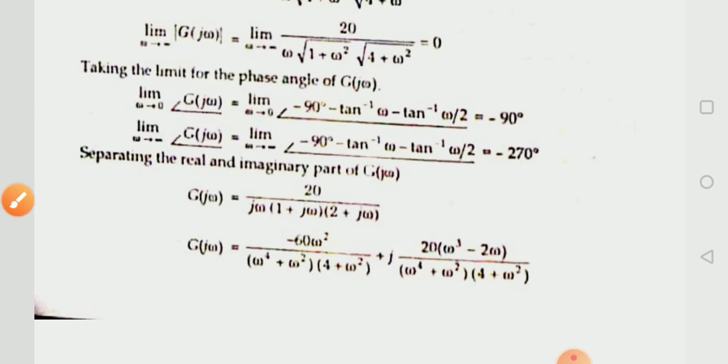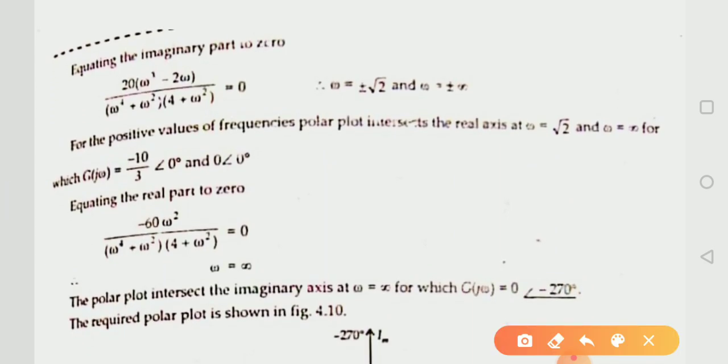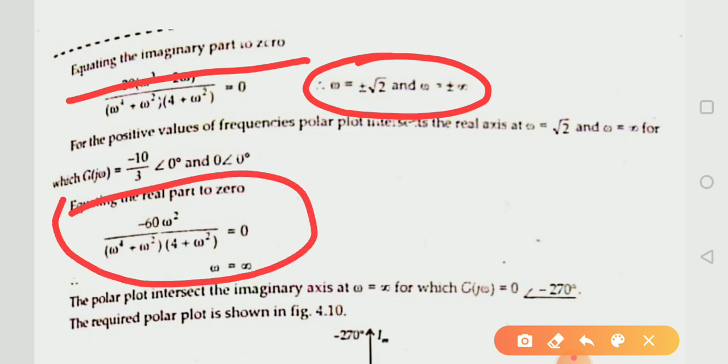So when we take the imaginary part equal to 0, we find omega equal to plus minus root 2. It means here it touches the real axis, and when we equate the real part equal to 0, then we find omega equal to infinity. It means here we can see that it is 0. It means it touches at infinity. It touches the imaginary axis. Okay.